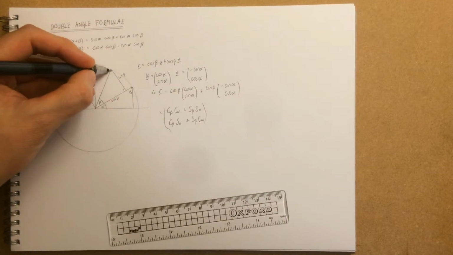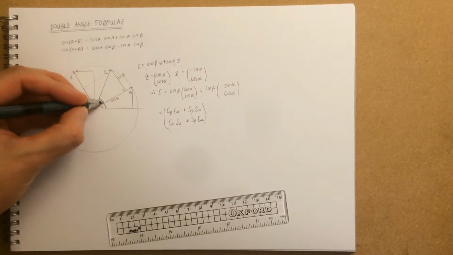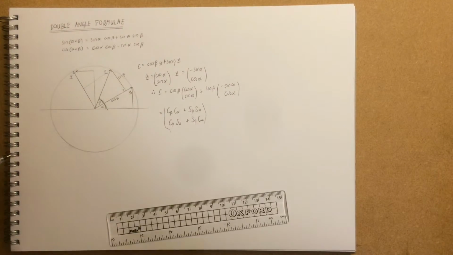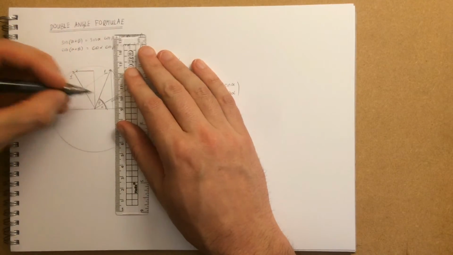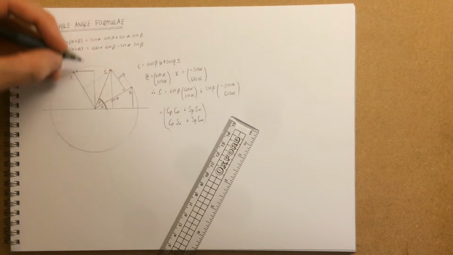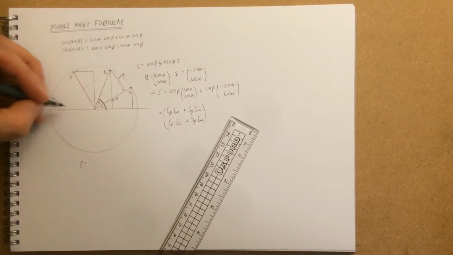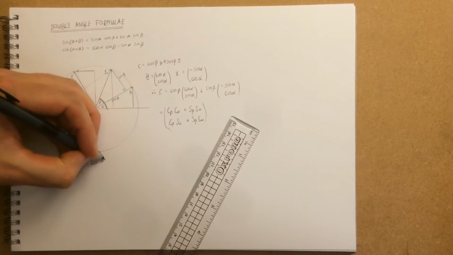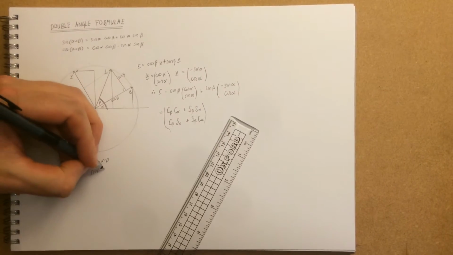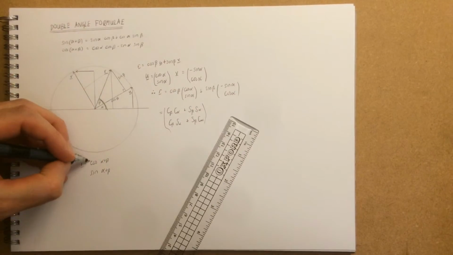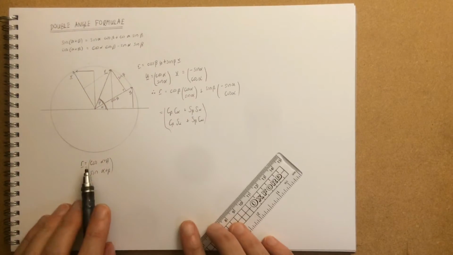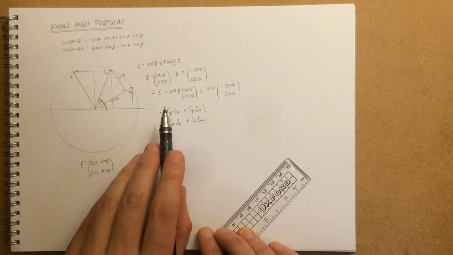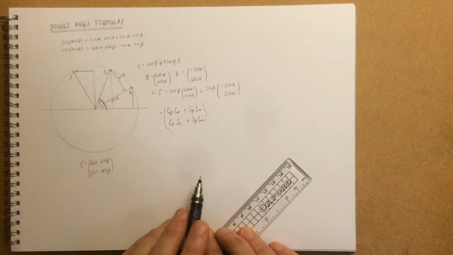But we could have just gone directly using this combined angle. r is also equal to (cos alpha plus beta, sine alpha plus beta). So these two things are equal, so therefore the x components are equal. So cos alpha plus beta has to be cos beta cos alpha plus sine beta sine alpha.